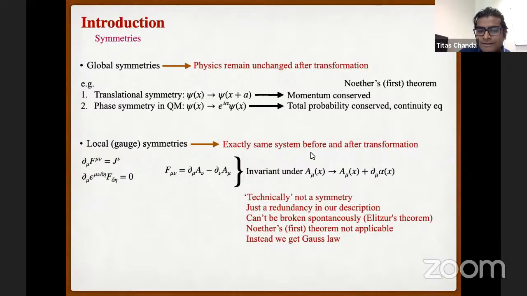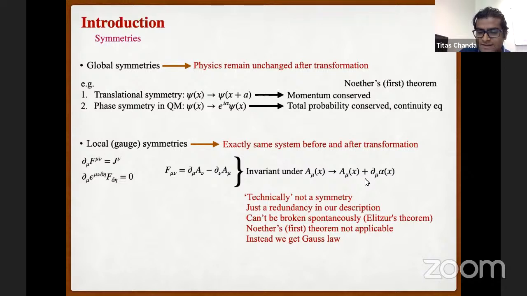But it turns out that these local gauge symmetries are not technically true symmetries, because there exist so many constants of motion that we can always integrate out some degrees of freedom. We all know that in the vector potential, only two components are independent. The rest two are not. So this is just a redundancy in our description.